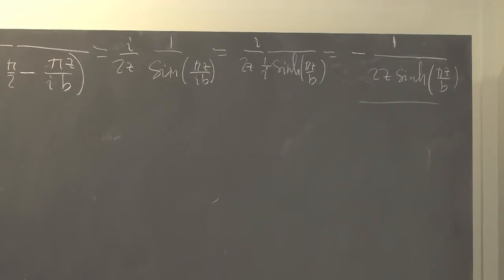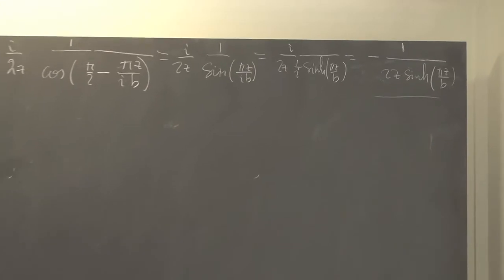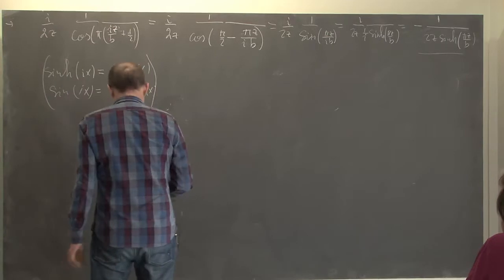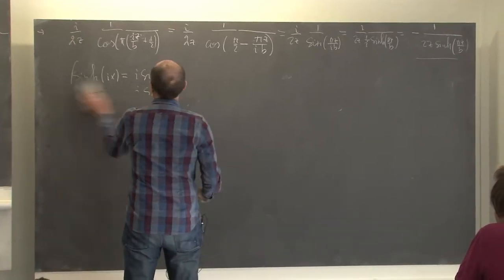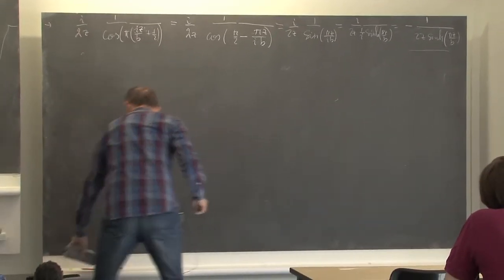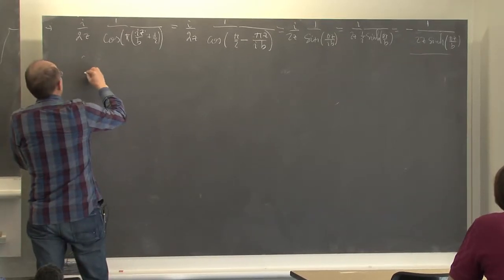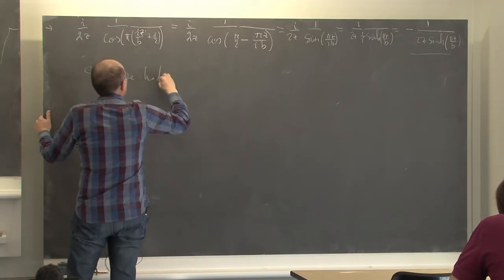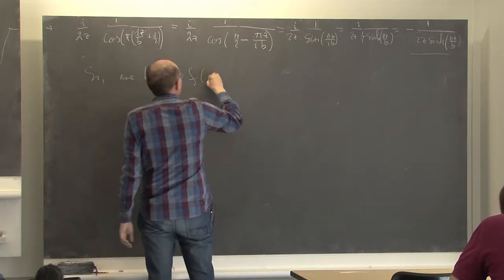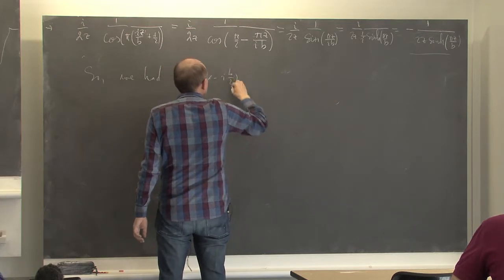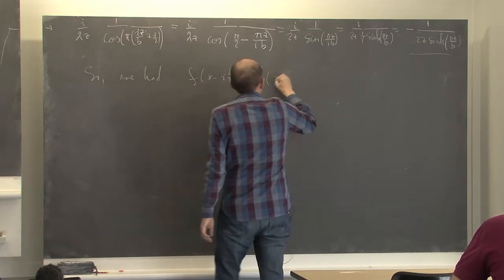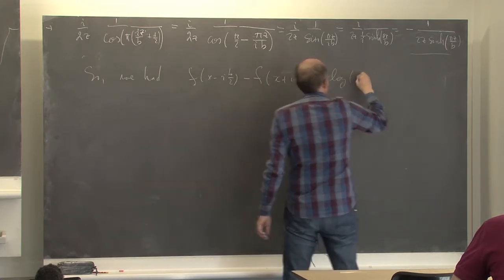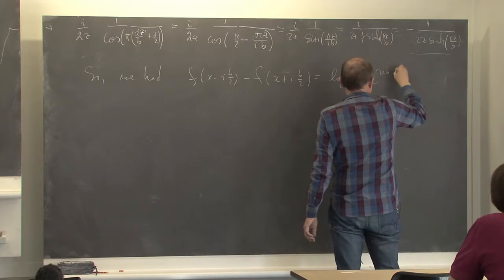So let us recall what was the equation. So we had f of x minus ib over 2 minus f of x plus ib over 2 equal log of 1 plus e^(2 pi b x).